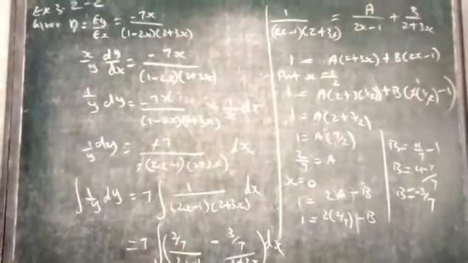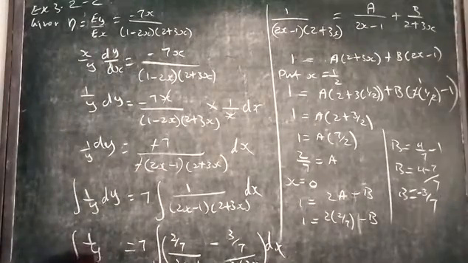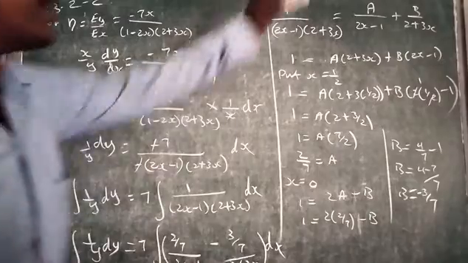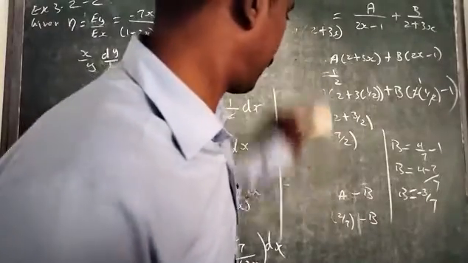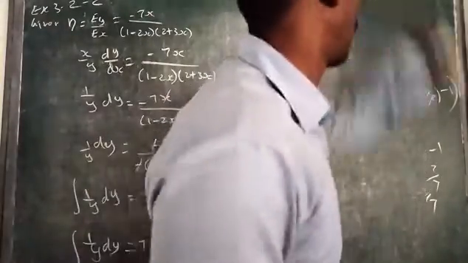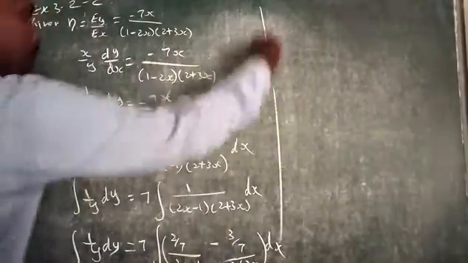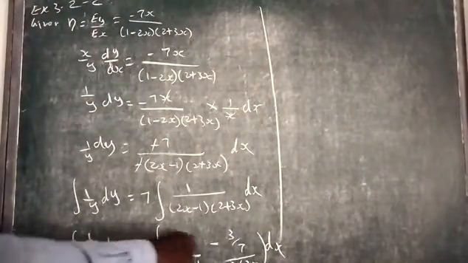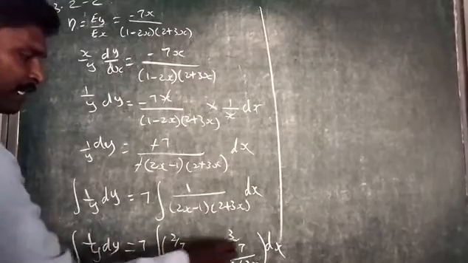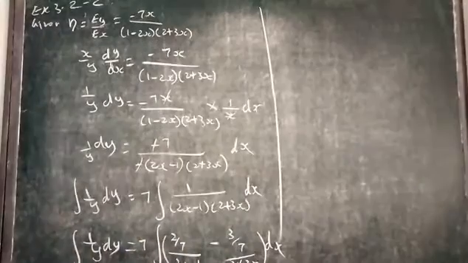So now we are going to integrate both sides. 1 by y into dy. Now take the constant term. Both have 2 by 7, 3 by 7, take 1 by 7 outside.